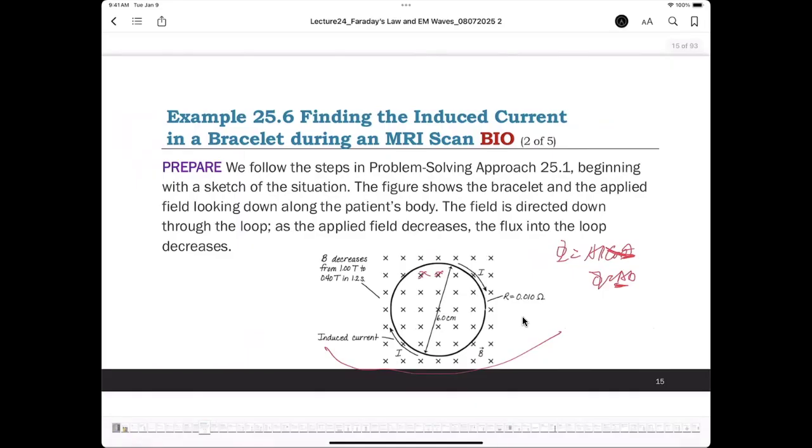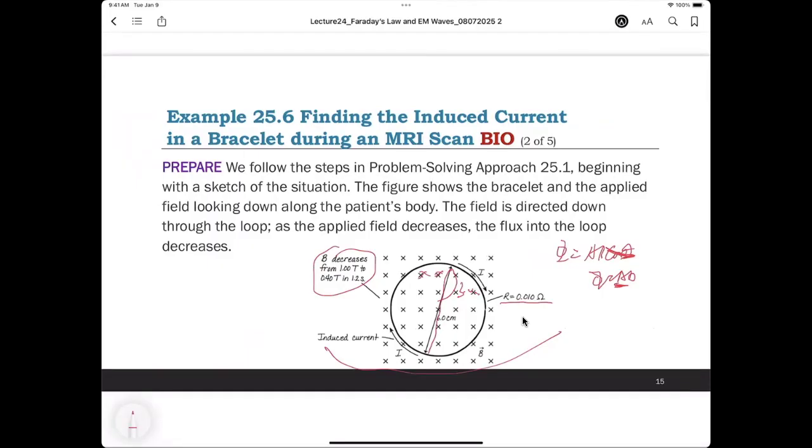Here you can see B decreases from 1 T to 0.40 T in 1.2 seconds, and the diameter is 6 centimeters, so the R should be 3 centimeters, and the resistance is this one.